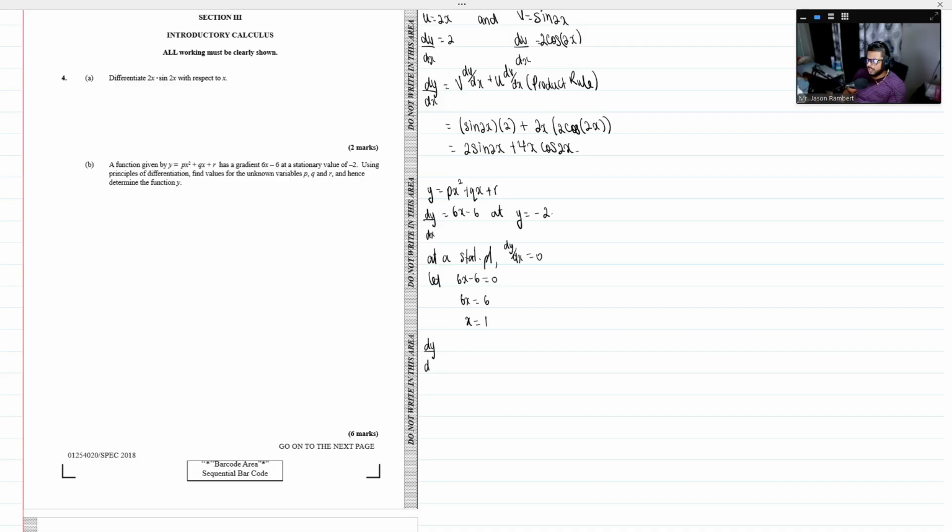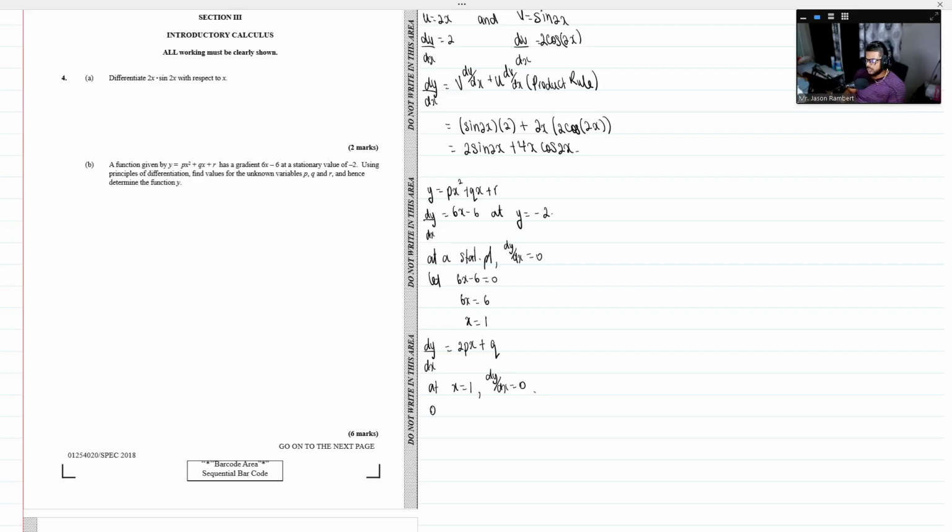So dy dx is equal to 2px plus q. At x is equal to 1, that is my stationary value, right? dy dx will be equal to 0.